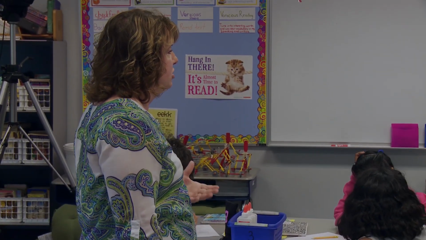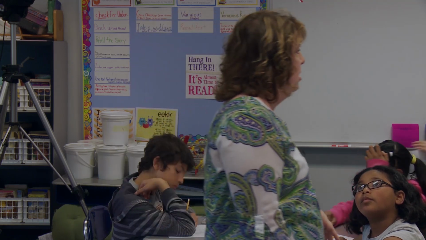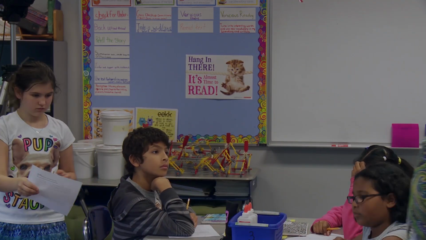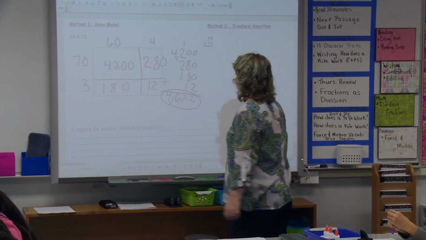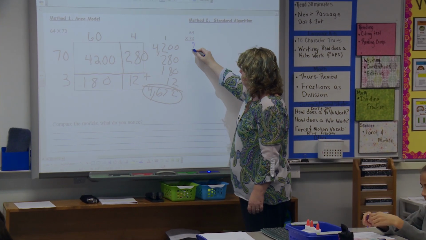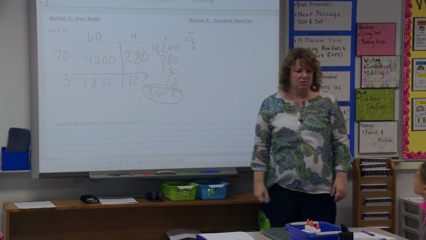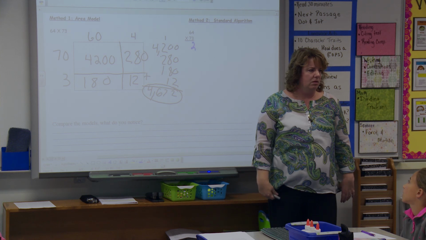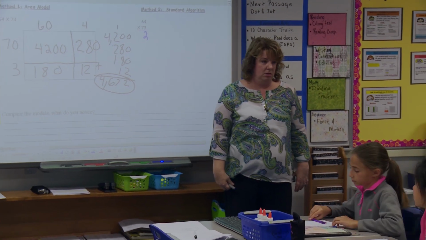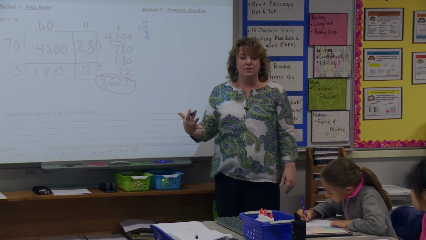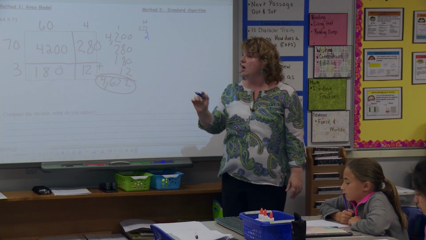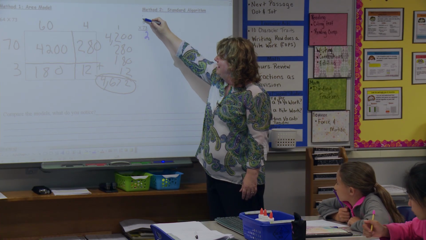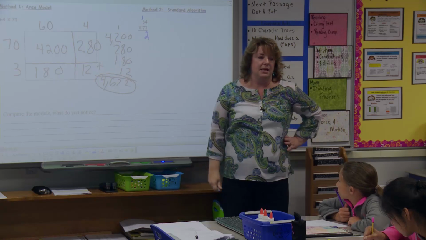Now let me ask you a question. This is what I hear all the time. 3 times 4 is 12, so I'm going to put down the 2 and I'm going to carry the 1. Am I carrying a 1? No. What am I carrying? A 10. So we have to make sure that we're using that precise mathematical language, that we are going to carry a 10. 3 times 6.